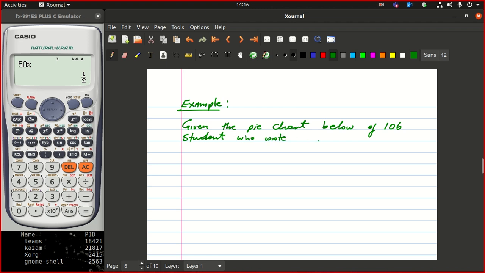Test 2. Right? So a pie means that you are having a whole thing. Suppose this is a nice pie.